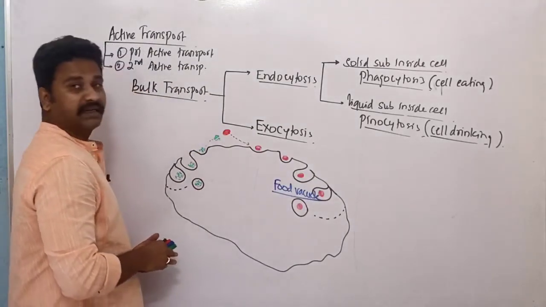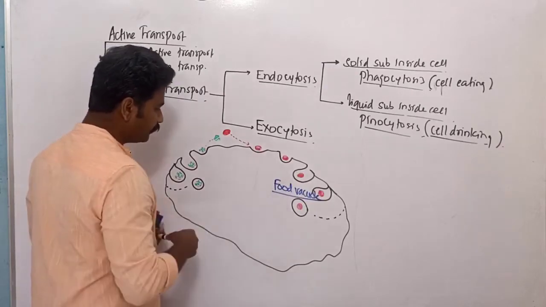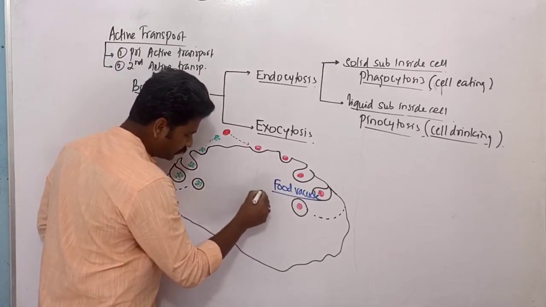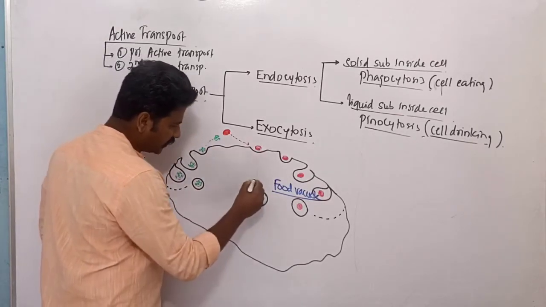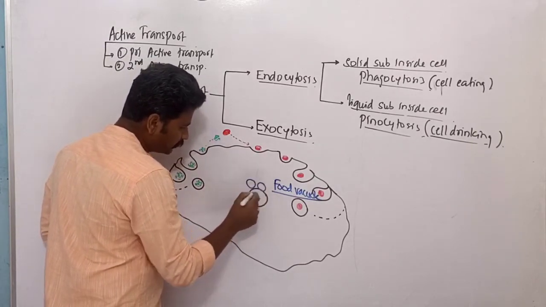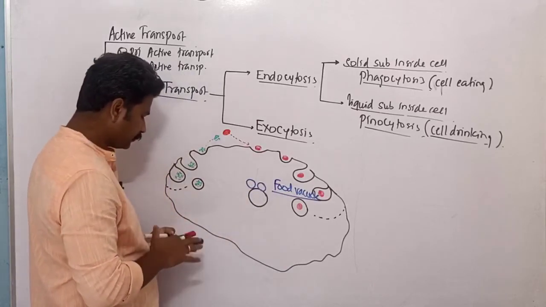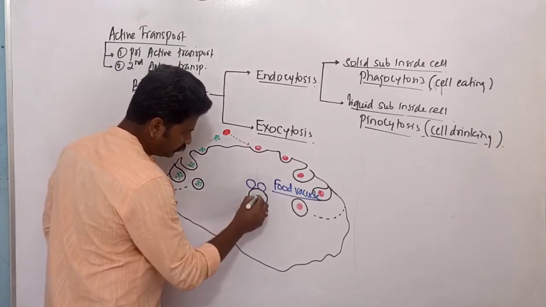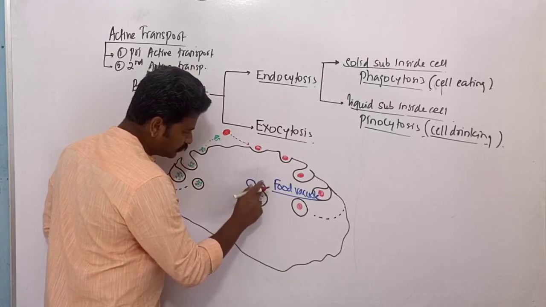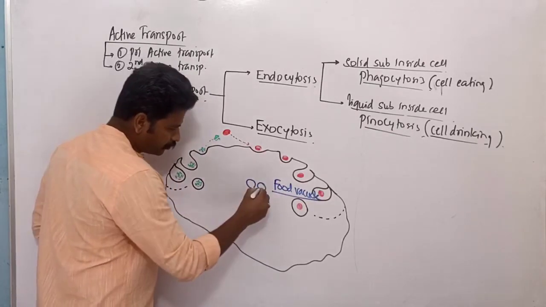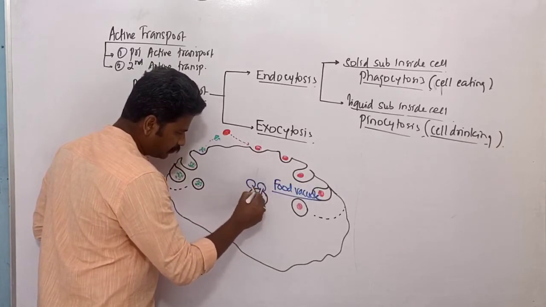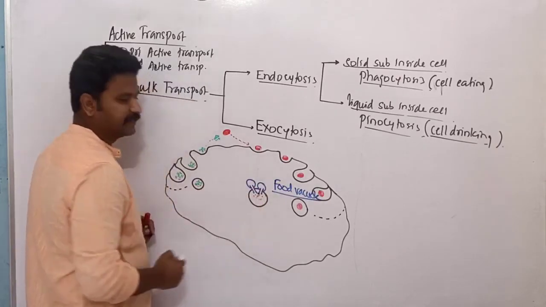Now what happens inside the amoeba? This food will get digested with the help of lysosomes. So many lysosomes will come and attach to this vesicle. Here is the food, and due to the lysozymes present in the lysosomes, the lysosome will release lysozyme on the food material and the food will get digested.